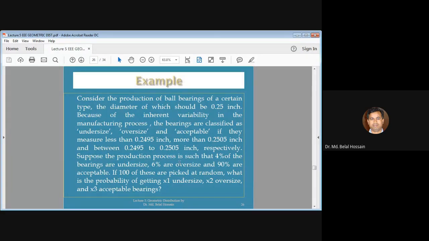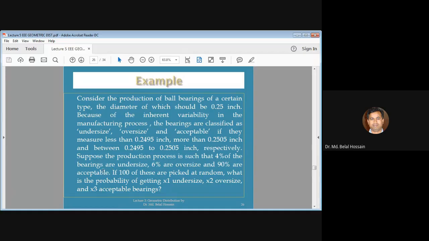Suppose the production process is such that 4% of the bearings are undersized. So this is the probability of undersized. The first outcome is given, that p1 equals 0.04. 6% are oversized, that is given, the probability is 0.06 for a ball bearing being oversized.